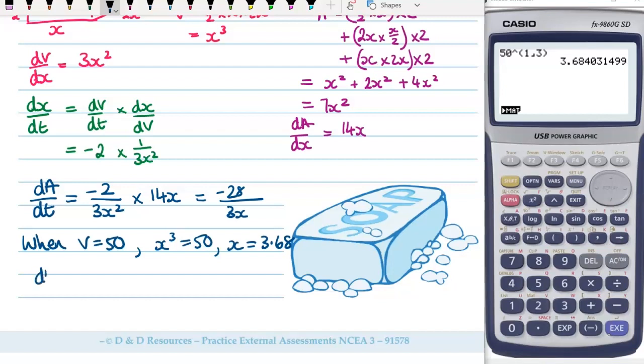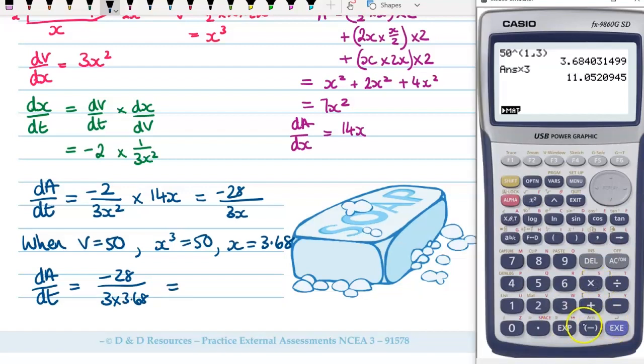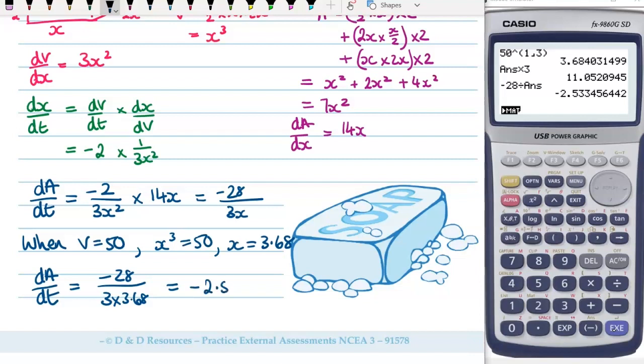And if we put that into dA by dt, that'd be minus 28 over 3 times 3.68. So popping that in now, we have that the area is decreasing at a rate of 2.53 centimeters squared per minute.